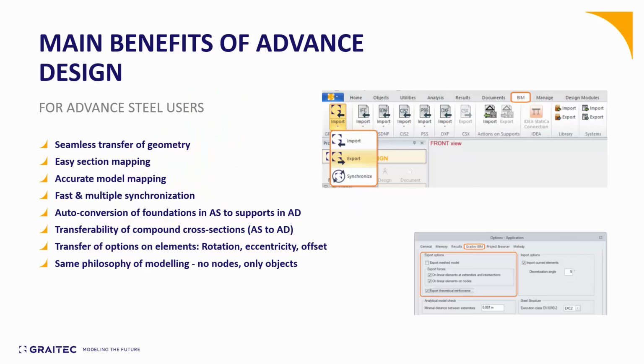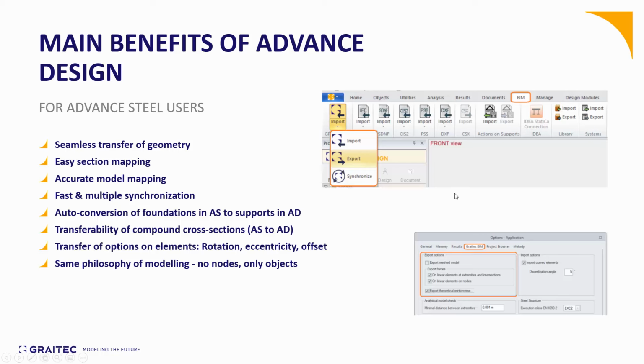As we will see in the next slides, the main benefits for our steel users are, first of all, the transfer of geometry between Advanced Design and Advanced Steel. If you already have your geometry in Advanced Steel, you can easily send that model to Advanced Design.